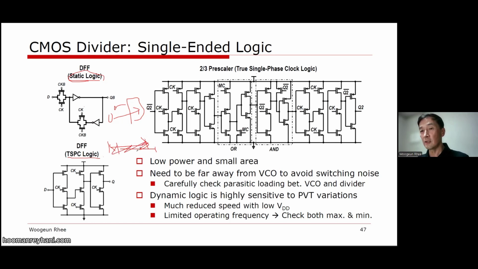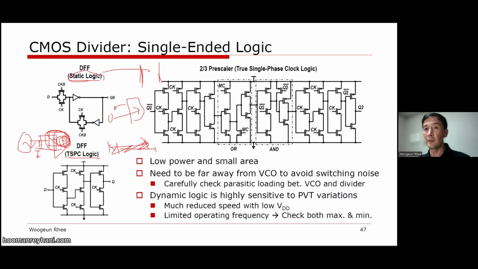Another reason is that the VCO and divider prescaler cannot be very far apart, because otherwise you have long metal routing, and this capacitive loading will also hurt the input speed. So this can be close to the VCO, but then this digital logic working at 2 gigahertz or 1.5 gigahertz creates a large amount of switching noise.